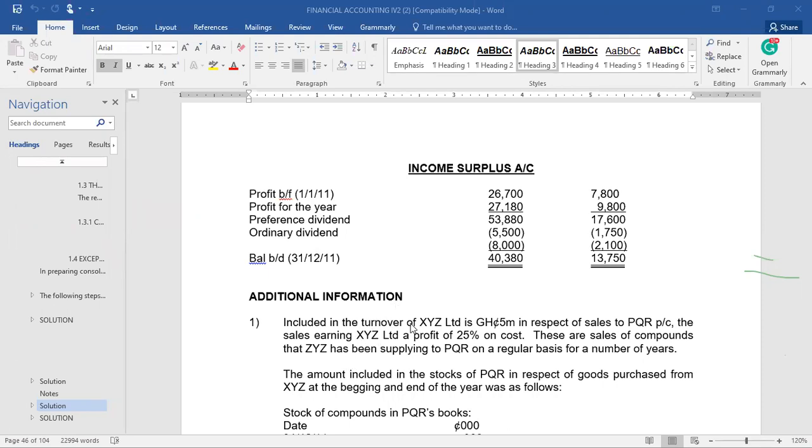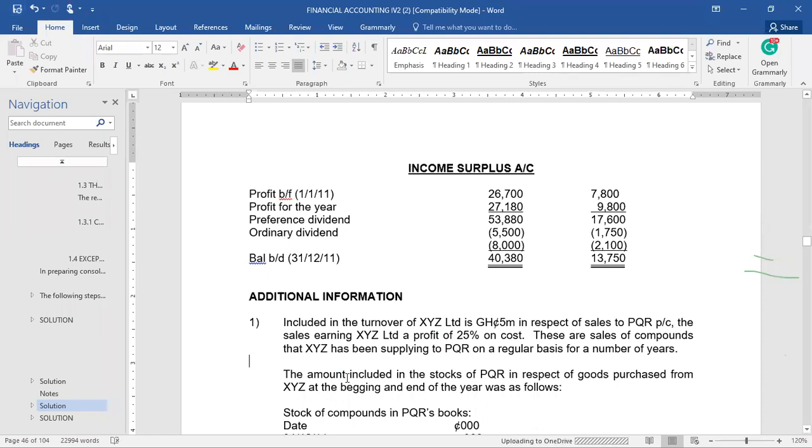Included in the turnover of XYZ Limited is 5 million in respect of sales to PQR. The sales earn XYZ Limited a profit of 25% on cost. These are sales of compounds that XYZ, I think this should be XYZ, not ZYZ, has been supplying to PQR on a regular basis for a number of years.